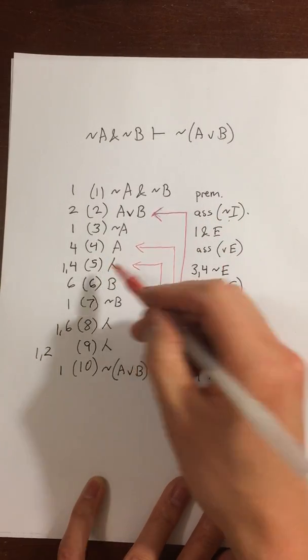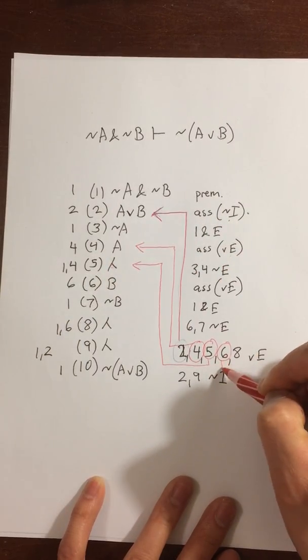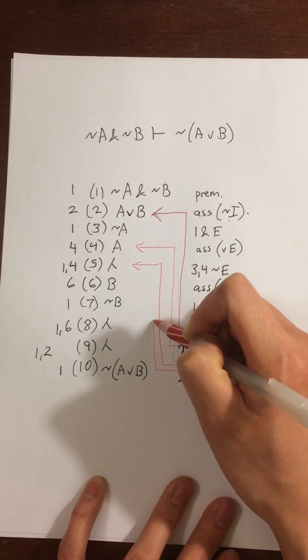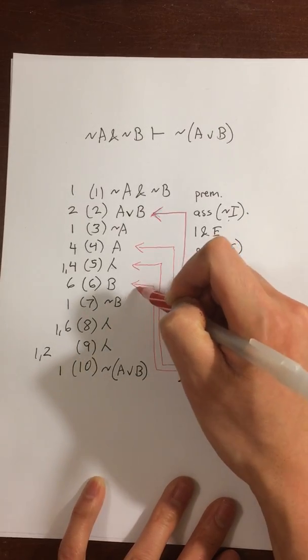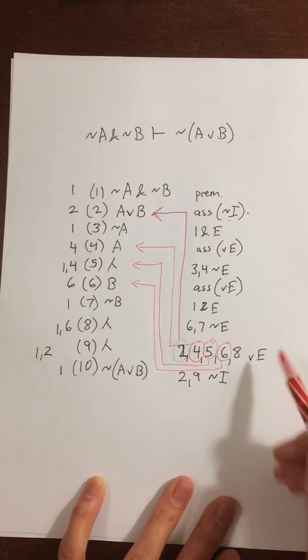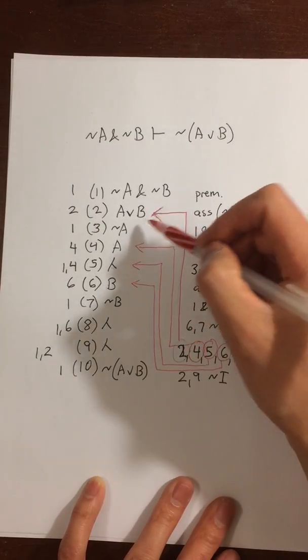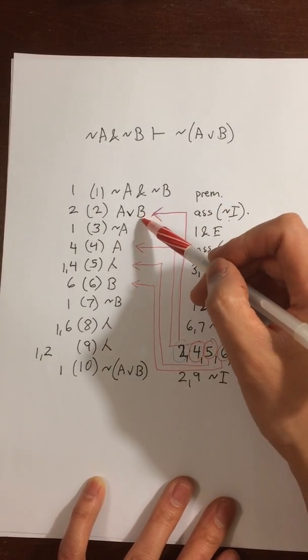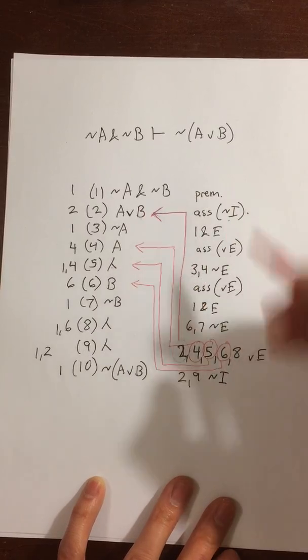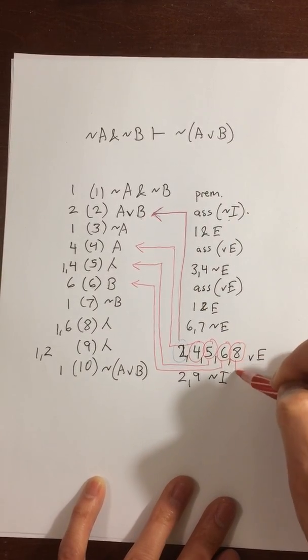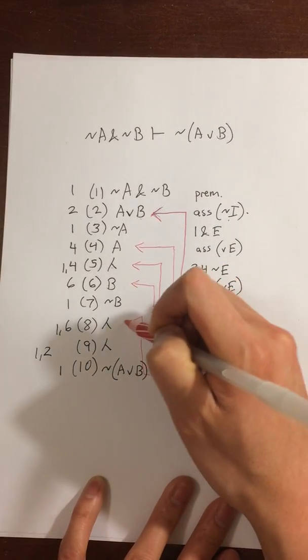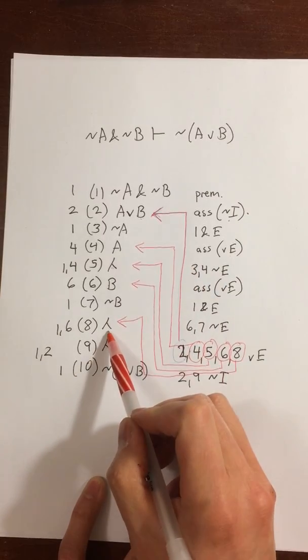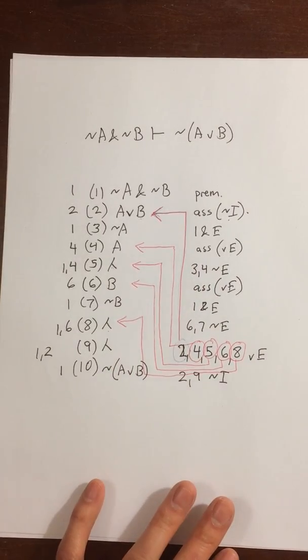And we got the contradiction. 6 refers to the second assumption, which of course is part of our disjunction. And then 8 refers to the formula that is the same.